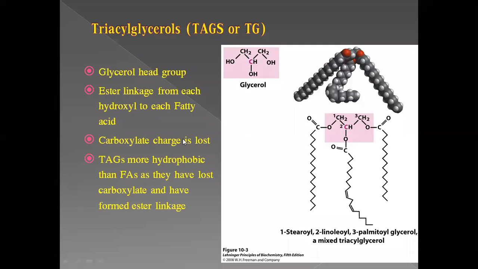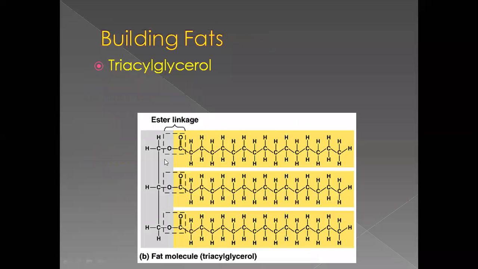What is the charge present on the carboxylate group? The carboxylate group has a negative charge, and this negative charge is lost during the formation of the ester bond. So these triglycerides are more hydrophobic than fatty acids, as they have lost the carboxylate and formed ester linkages.